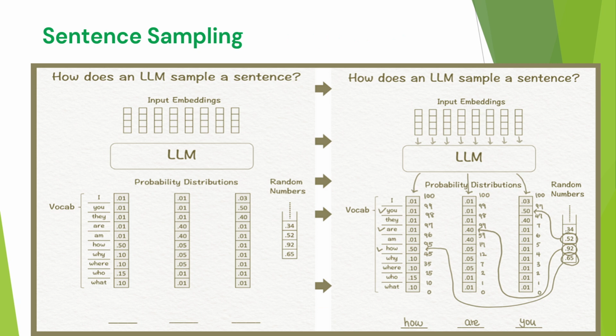Then, feeding input embeddings: these are fed into the large language model, which processes them to generate the next output word. Then, predicting the probability distribution: the large language model predicts the probability distribution of the next output word over a vocabulary of 10 words, represented as a column vector.